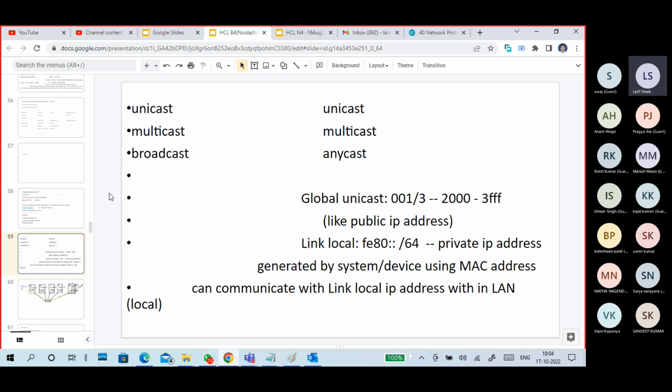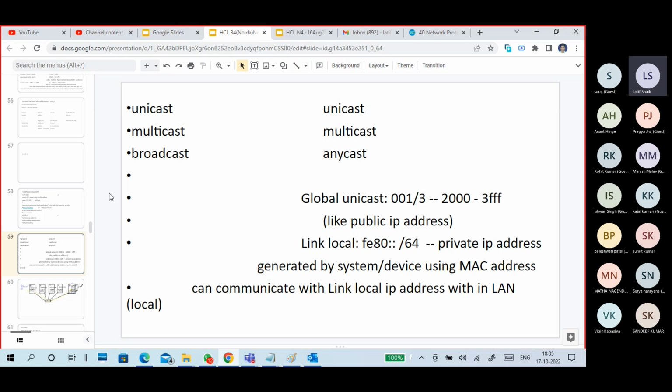But to communicate within the LAN, within the private network, a link local IP address is enough. This link local IP address is given by the system using the NIC's MAC address. So we can use the link local IP address to communicate within the LAN.